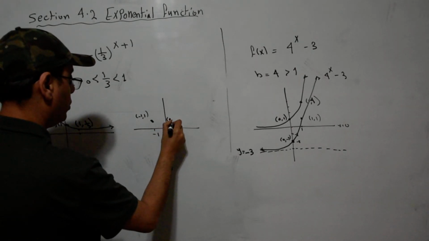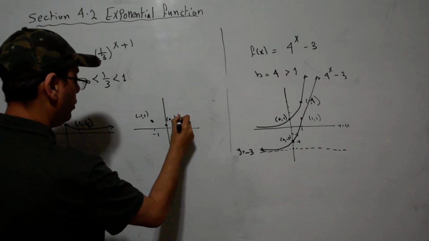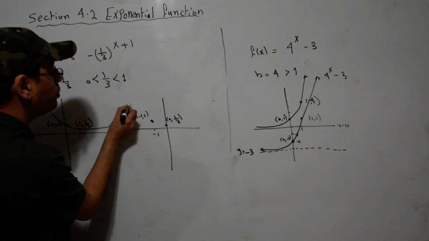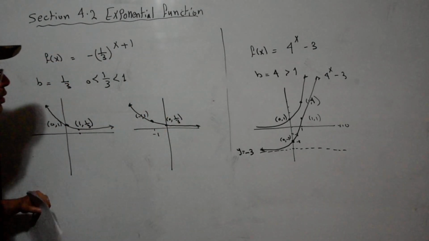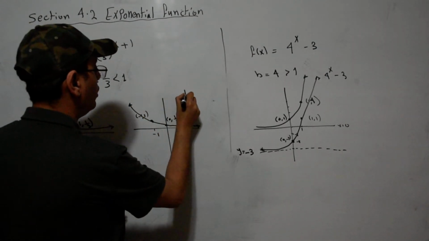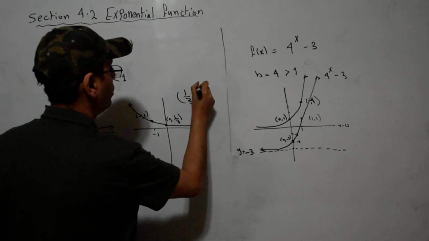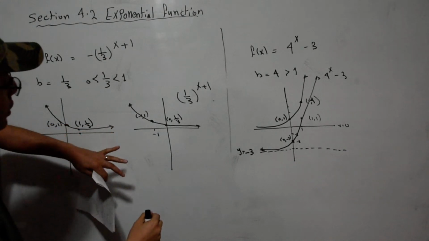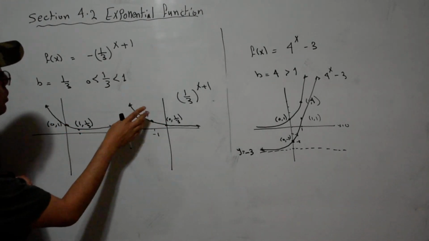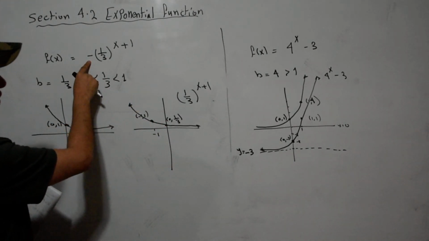So this is 0 and 1/3. And then I'm going to graph my function, so that is 1/3 to x plus 1. Now the last thing is to reflect the function about the x-axis or y-axis?